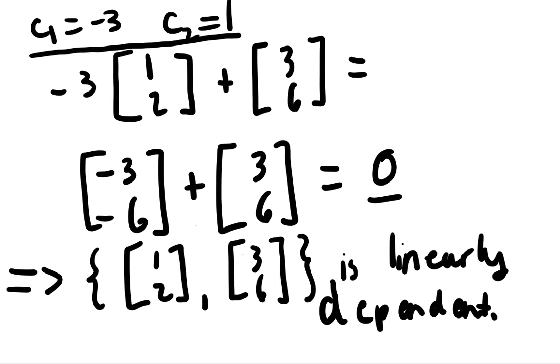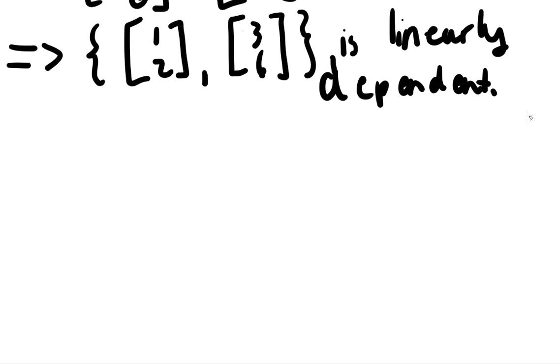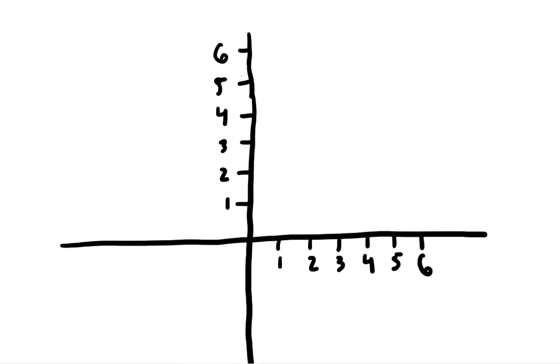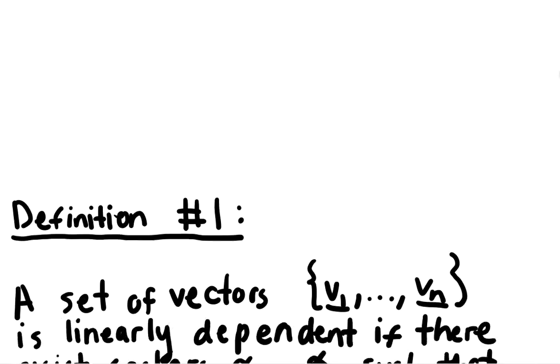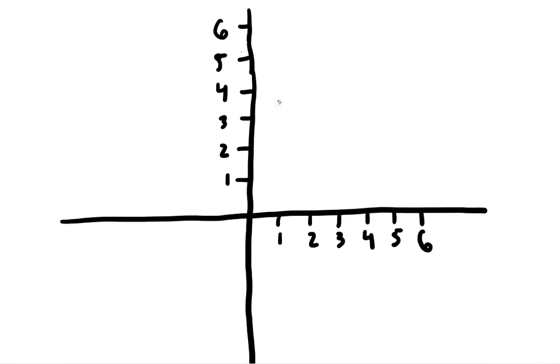Just to look at a graphical representation of what's going on here, if we take the vector 1, 2 and plot it down here, let me grab a different color. The vector 1, 2 is this vector right here. And 3, 6 is the vector right here.